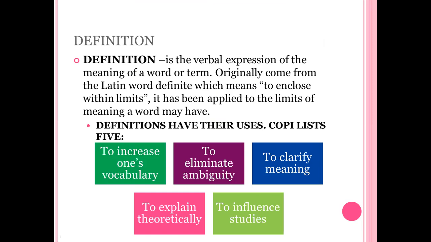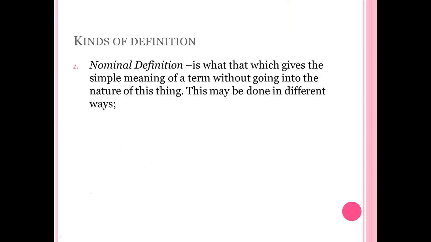For definition, we have kinds of definition: the nominal definition and the real definition. A nominal definition gives the simple meaning of a term without going into the nature of the thing, and this may be done in different ways.